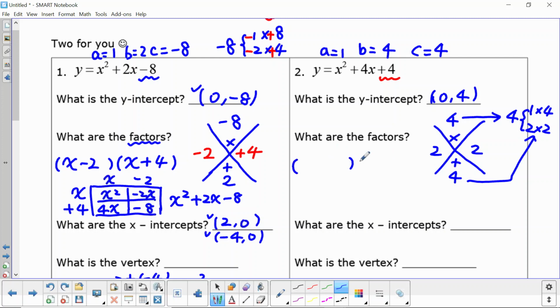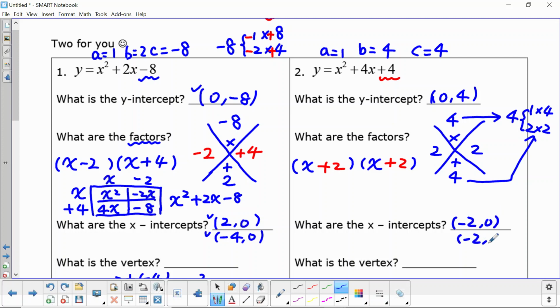If we write it in factored form, we just put these two numbers you found in the brackets, and then it is factored. So this is how we do the factoring. Once we have this factored form, we know the x-intercept will be the opposite number. So it will be negative 2, 0.